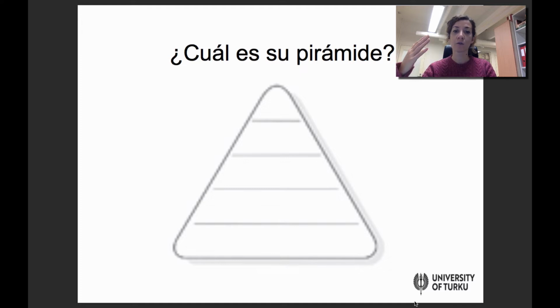So try really to think carefully about what the average diet for your week is and how the different foods classify on these levels, which represent how often you are eating them and in which quantities. So take a moment to do this exercise, and then we can go back to the rest of the information.